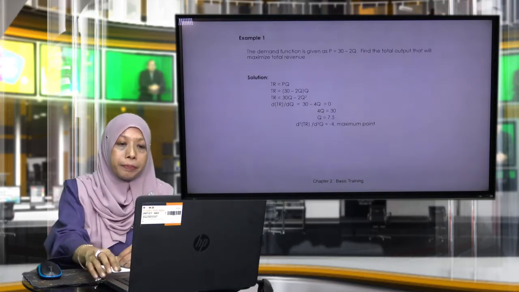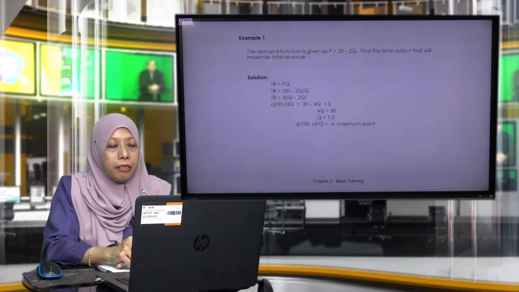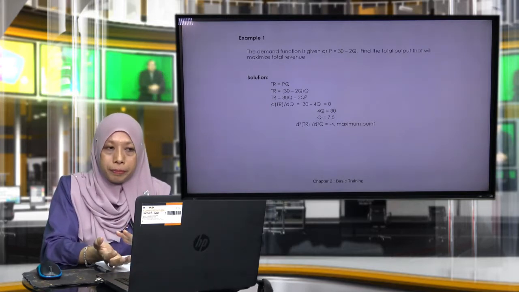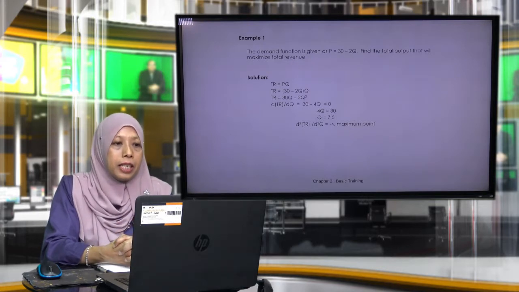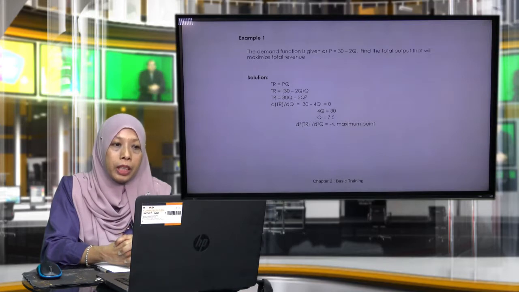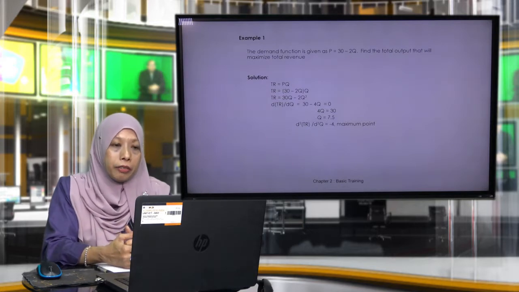optimal solution. Now you are given a demand function, and this demand function is represented by P equals 30 minus 2Q, where P is price and Q is the number of output available.